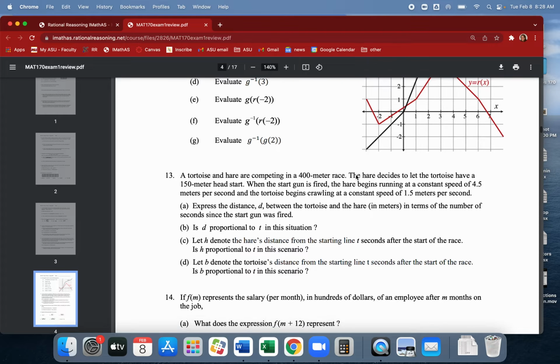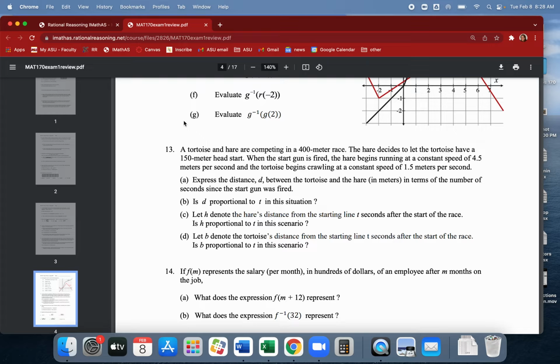Just as a note here, so tortoise and hare competing in a 400-meter race. The hare lets the tortoise have a head start, and then they run or crawl at constant rates after the race starts. So the distance between them, the distance they have to run in the race, how long it takes them to finish, all these sorts of things, we can answer these questions.